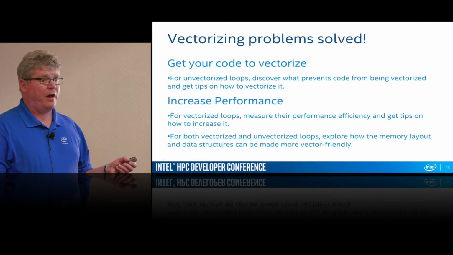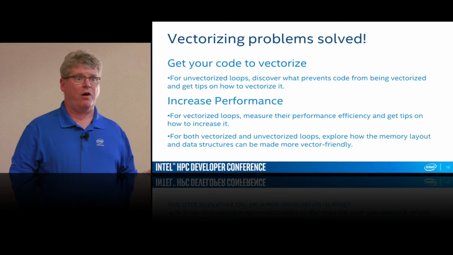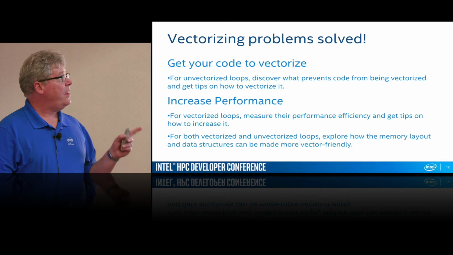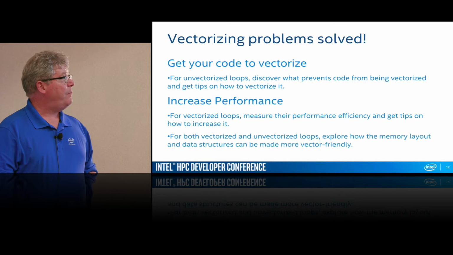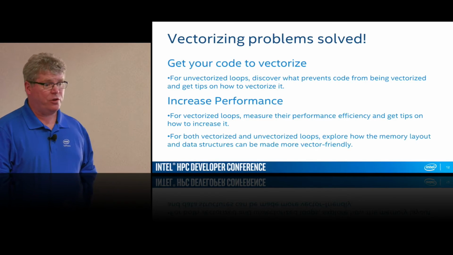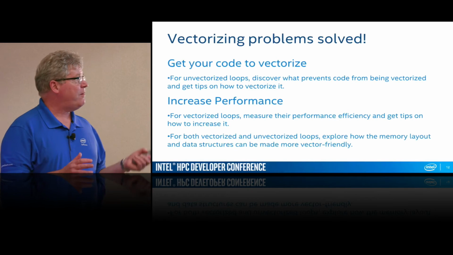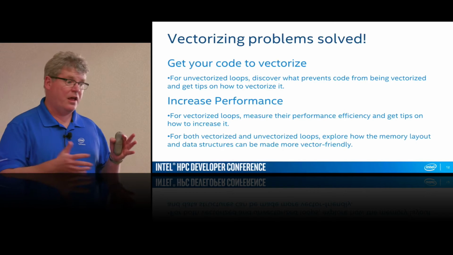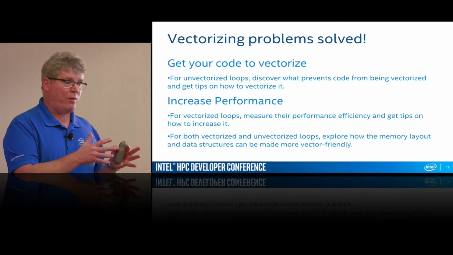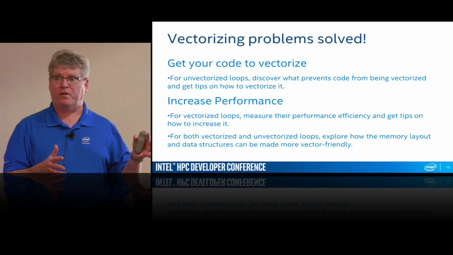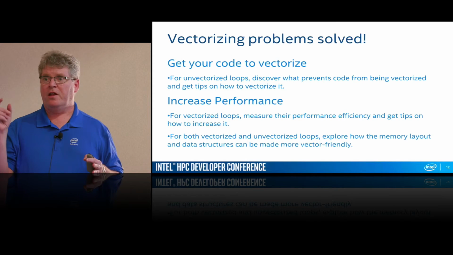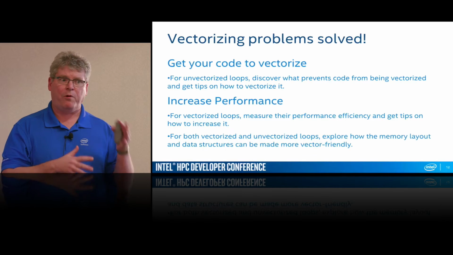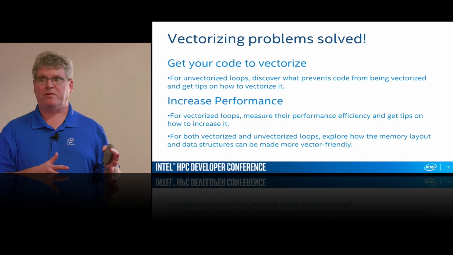So I'm going to go through some problems here and try to solve some issues with vectorization. In general, step one, for unvectorized loops, is to figure out what's preventing the code from being vectorized and get tips on how to vectorize it. Step one would be, after you've done a survey, clicking on unvectorized and checking out what portions of your code have not been vectorized.